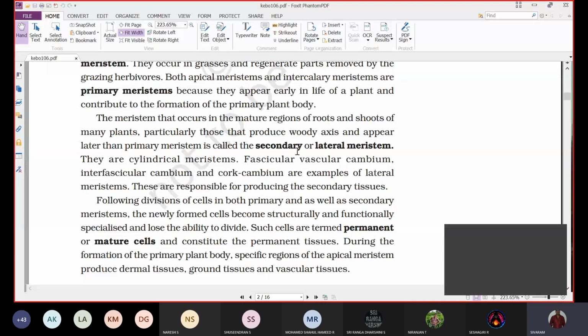It occurs in the later period of the plant, in which the plants produce a woody axis, that is strong stems and strong roots, which are very thick and hard, not in plants with weak stems.